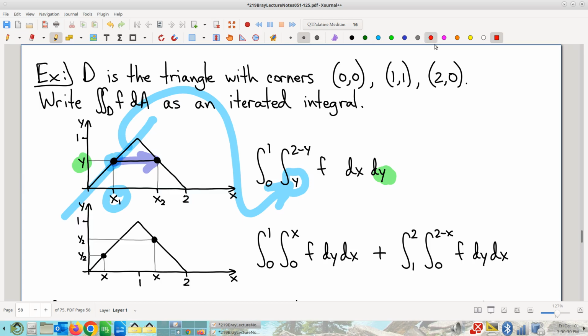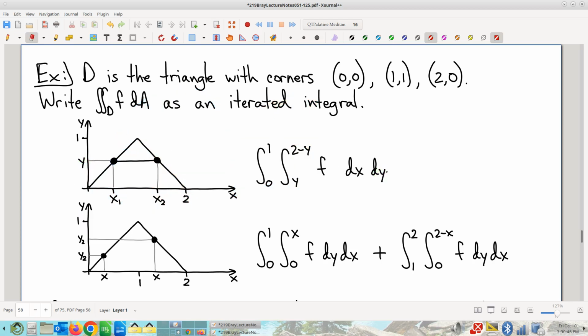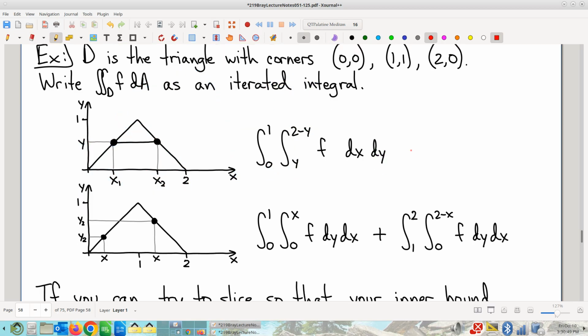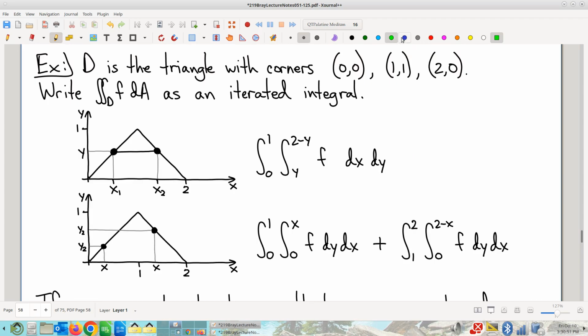The upper bound comes from that point, which is on that curve, in which I can solve for x, and I get that function 2 minus y. No big, right? Straight up process. No problems. Let's do it the other way. dx on the outside, it would seem that x goes from 0 to 2.